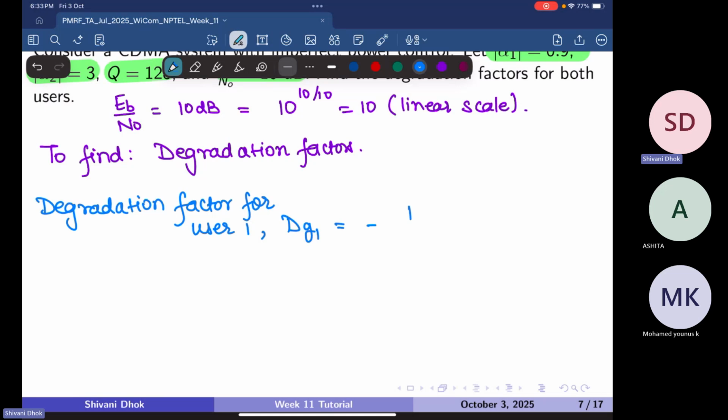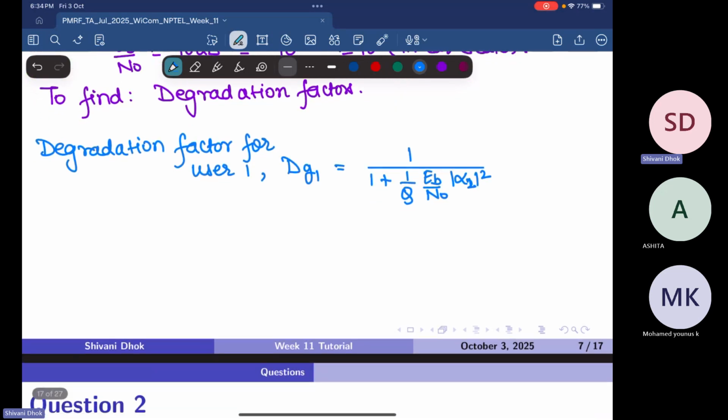It is given by 1 over 1 plus 1 over Q, EB by N naught into magnitude of alpha 2 square. I'm not going into derivations; this has been discussed in greater detail in the lectures.